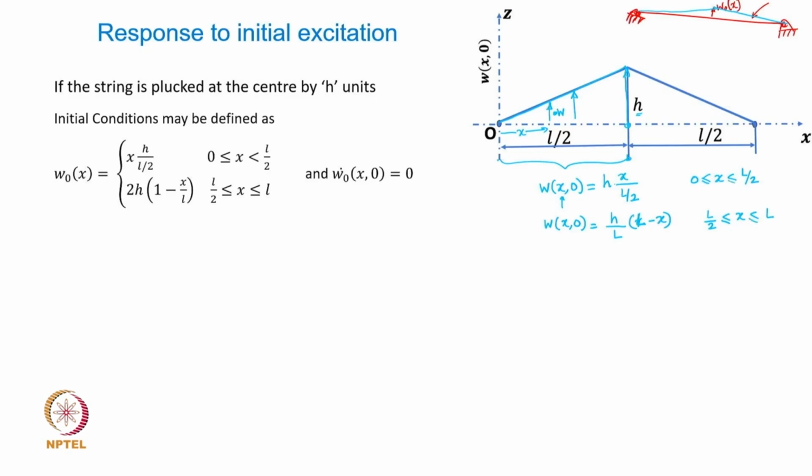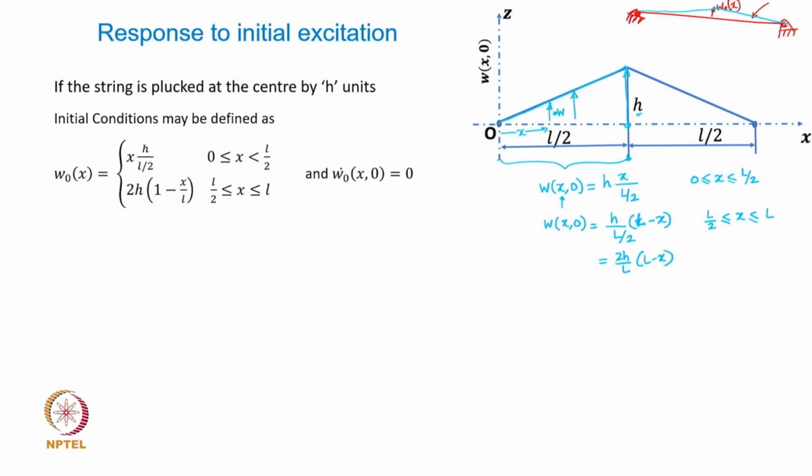That is how this function is going to be looking like. That is the initial displacement that you impose on the string at t equal to 0. So this is going to be L by 2, and that will make it 2h by L times L minus x.